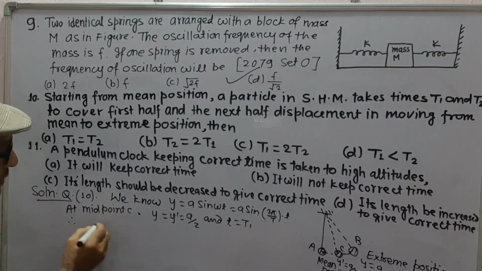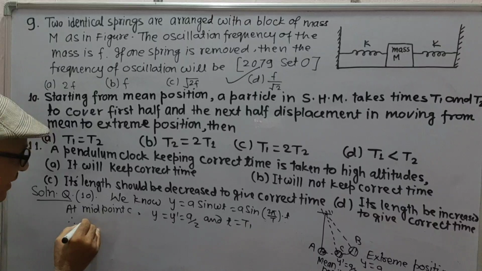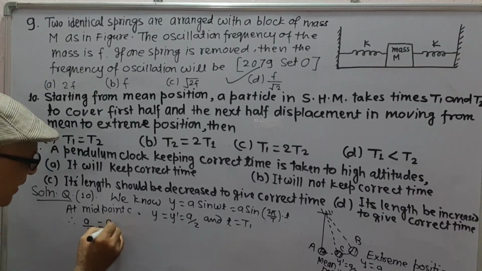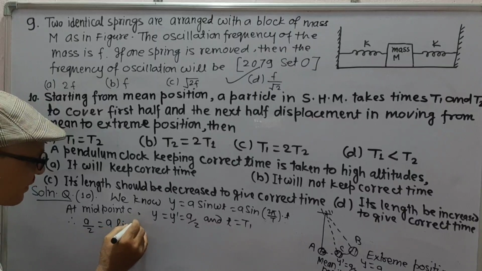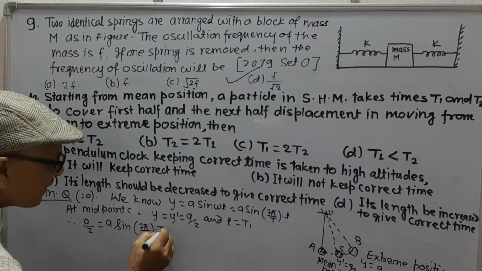Therefore, the above equation gives A by 2 is equal to A sin 2 pi by T into t1.